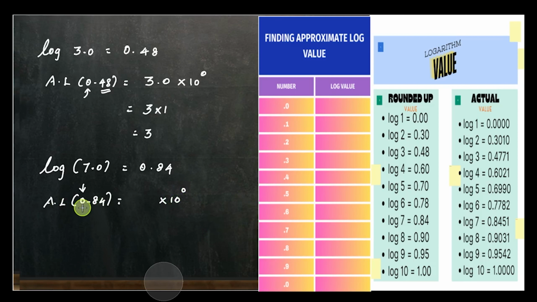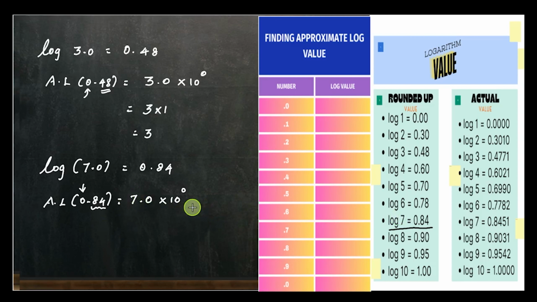Whatever number you have before the decimal point, raise 10 to that power along with the sign. Then you have here after the decimal place 84. Now you have to locate where is 84. So this 84 corresponds to 7. You have to write 7.0.